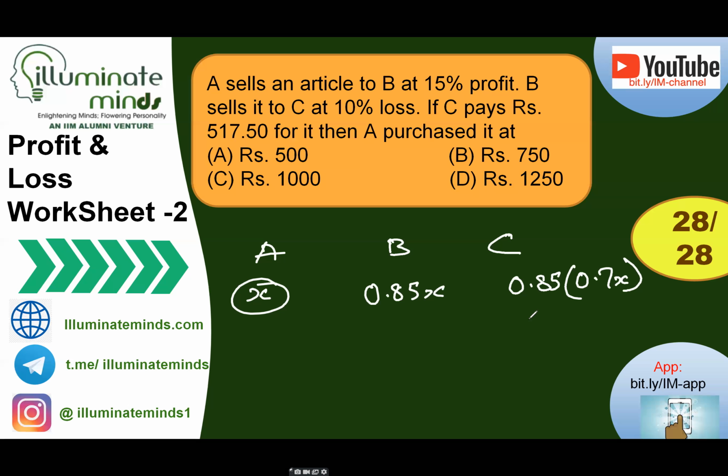If C pays rupees 517.5, then how much did A purchase it for? So we need to divide and reach the answer. So X is equal to how much? 517.5 divided by 0.8 divided by 0.7, which is equal to 924.